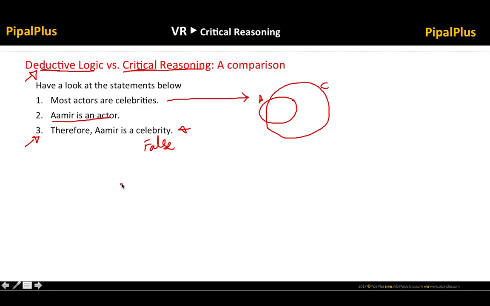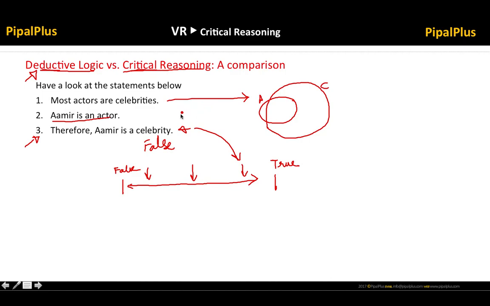While a statement may be completely false or completely true, critical reasoning deals with whatever lies in between. There may be some statements which are most likely false, some which are most likely true, and some which may be false or true with equal probability. So the statement Amir is a celebrity is most likely true. It's not exactly true, so it probably falls somewhere here when we talk about critical reasoning.